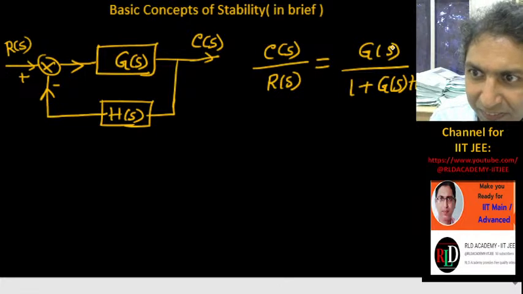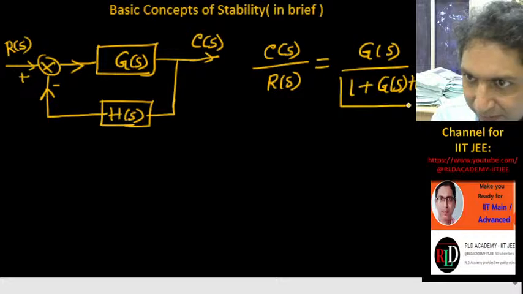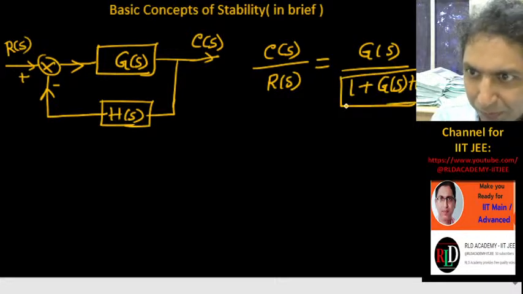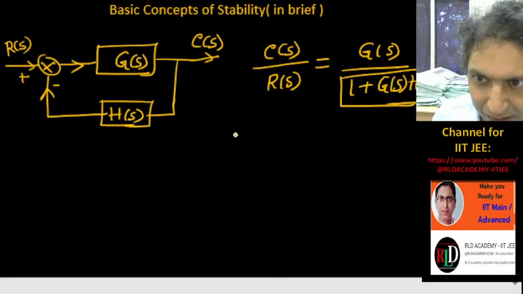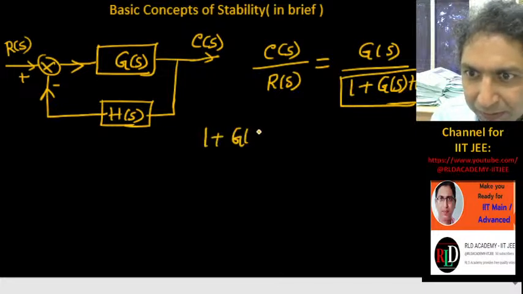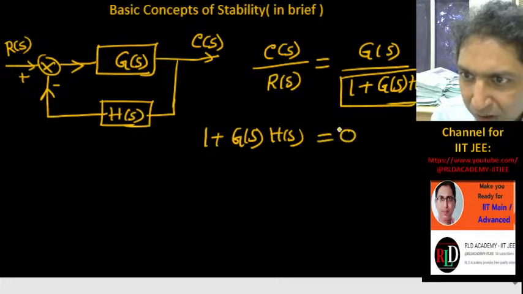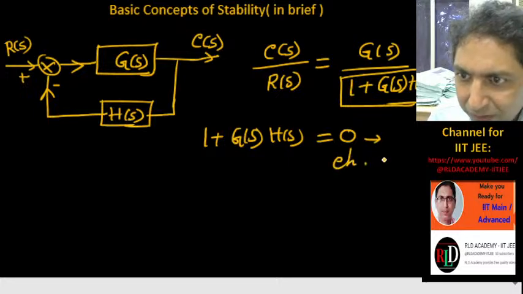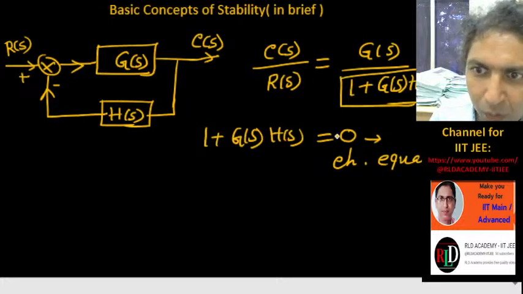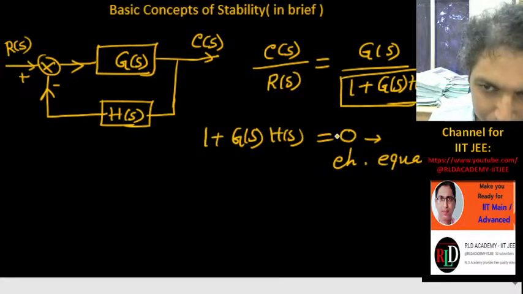So for this transfer function, the stability depends on this denominator factor, 1 plus G of S H of S. We will find its roots from this equation, and that is called the characteristic equation. Do you understand that? Then the solution of this will give you the closed loop poles, and the system stability depends on the closed loop poles only.